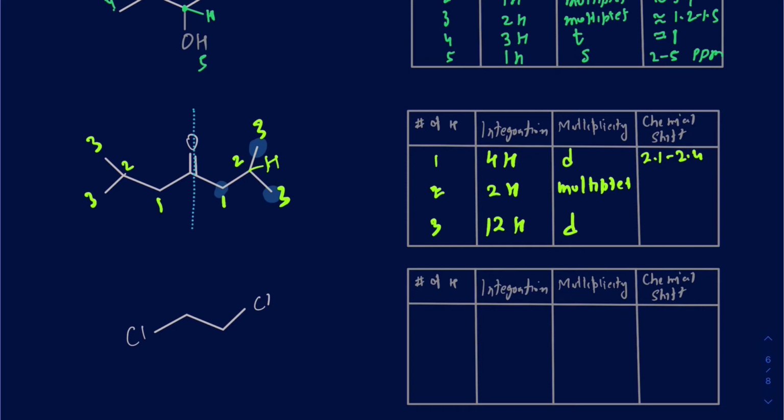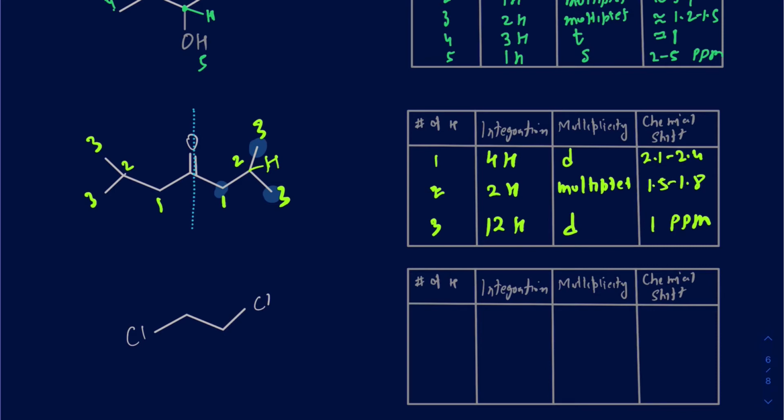And then this 2 is just a methine proton, so that's going to be somewhere around 1.5 to 1.8. And these methyls are very far away from those carbonyls as well, so that's going to be somewhere around 1 ppm. So those are their rough chemical shifts.